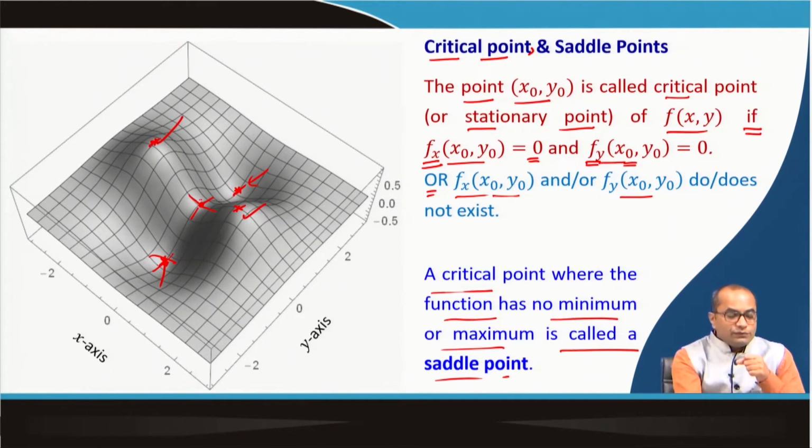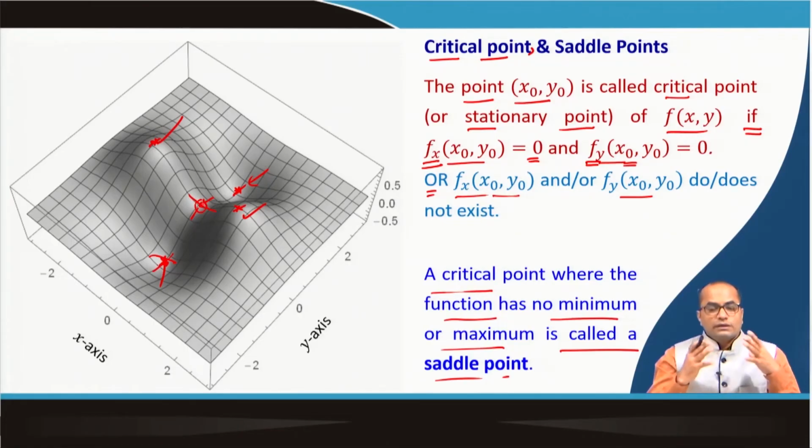So, whatever neighborhood we pick around this point, there will be some points where the function value is more, and there will be some points where the function value is smaller than at that point. Such points are not points of maximum or minimum, and these will be called saddle points.